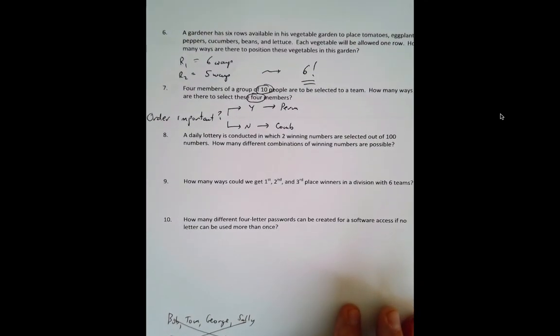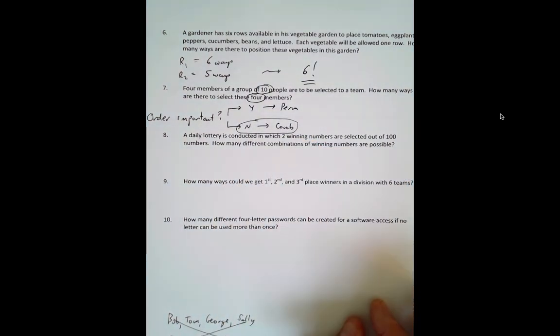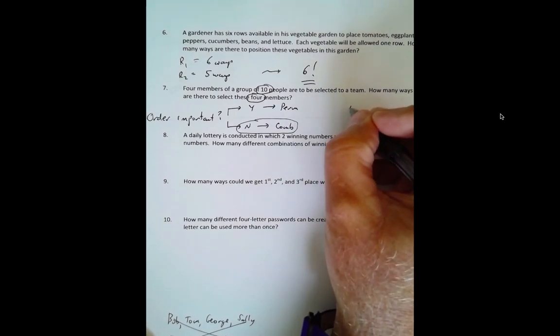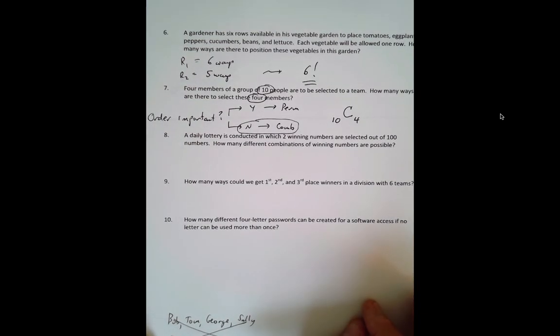Well, obviously, order doesn't matter for the committee to be the same. So order does not matter. So guys, this one we are in a combination. So what we're going to have is a combination of 10 choose 4.